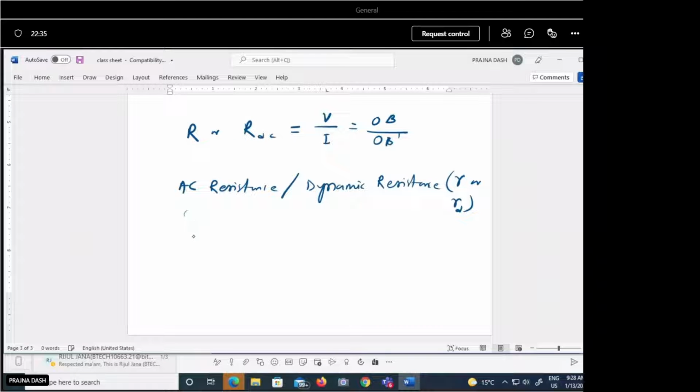So how do we calculate this AC resistance? r is dV by dI. We want to check the change in voltage with the change in current.